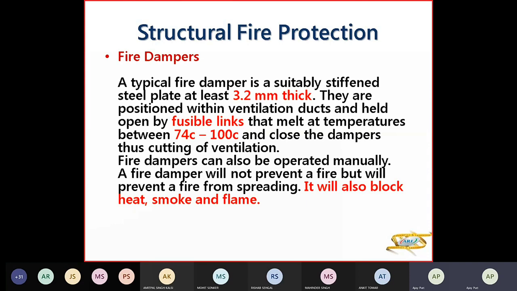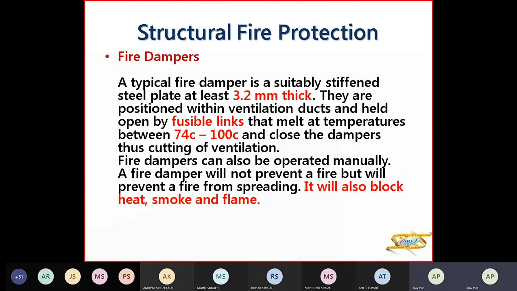So when it melts, the tension is removed and the damper will close. So the damper was opened with tension. When it melts, it will close instantly and cut off your ventilation.